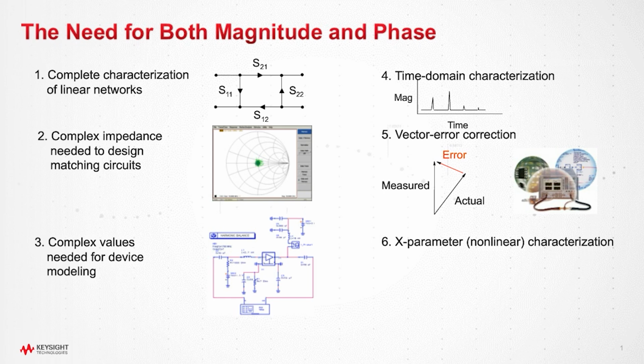This is important to know if you're designing matching circuits or if you're plugging these values into a simulation. It's also important for time domain characterization, vector error correction, and nonlinear or X-parameter characterization. All of these things go into giving you a full picture of your device's performance, and they come from having both magnitude and phase.